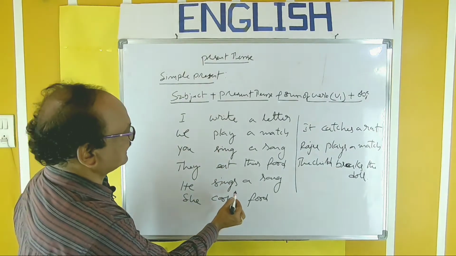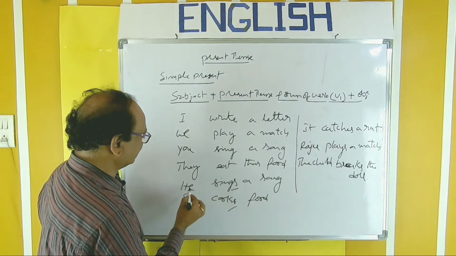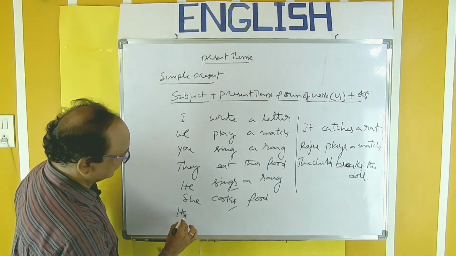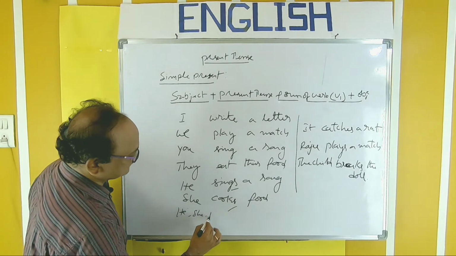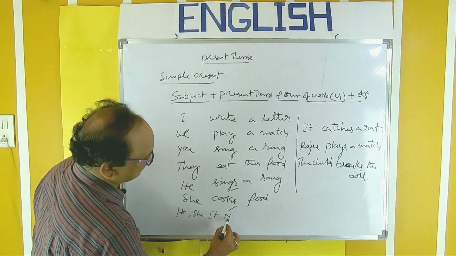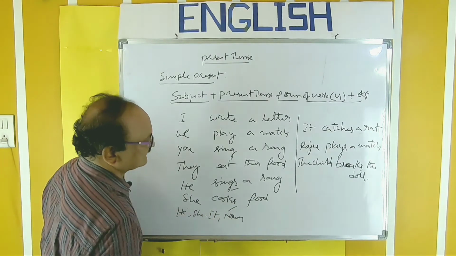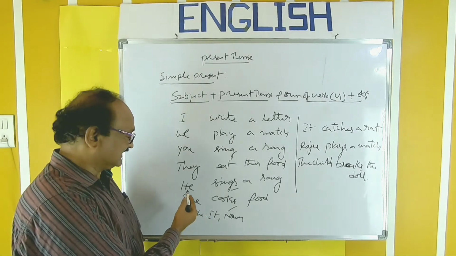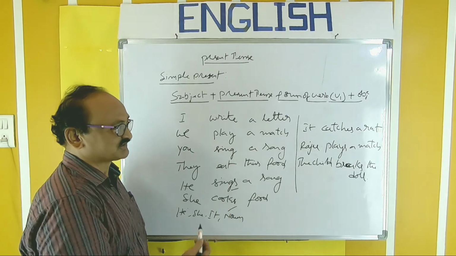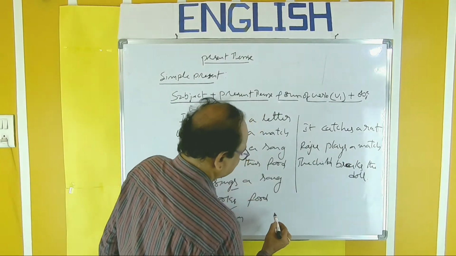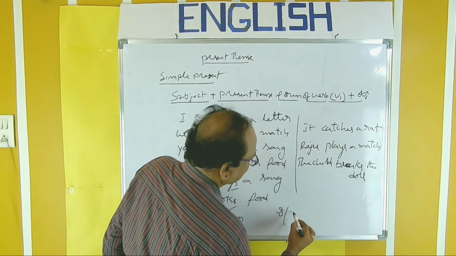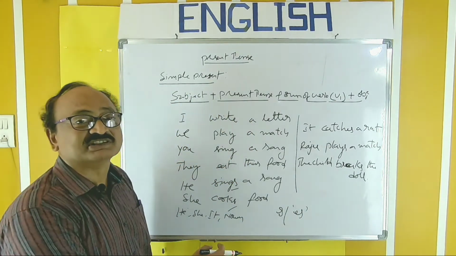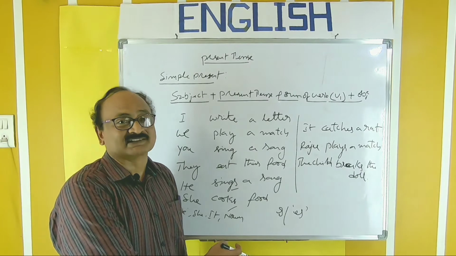But here a small addition is there. When the subject is third person singular, that is he, she, it, and of course a noun in singular, we have to add s or es to the verb in this simple present.